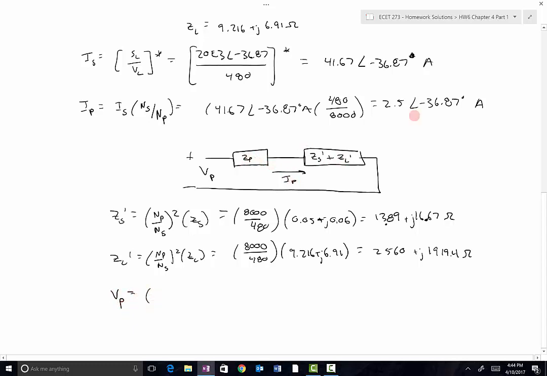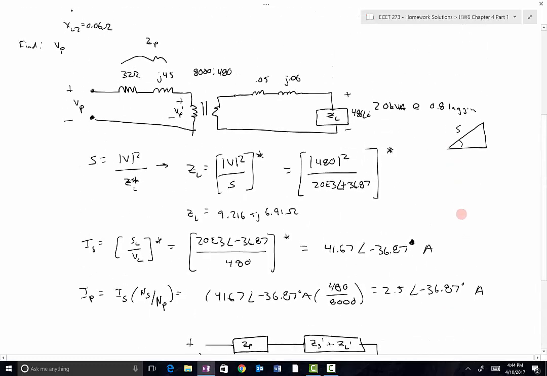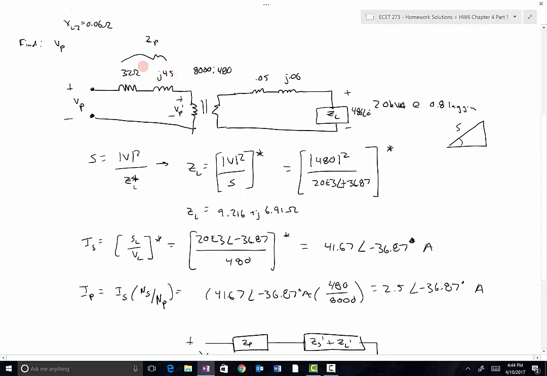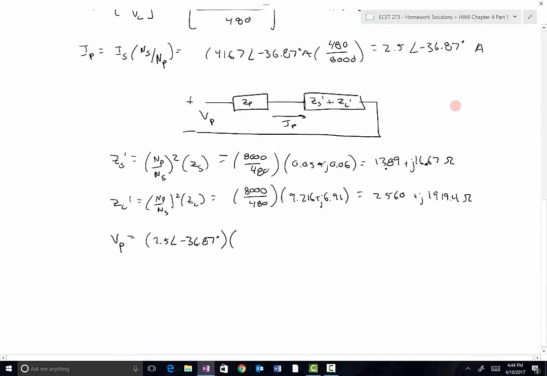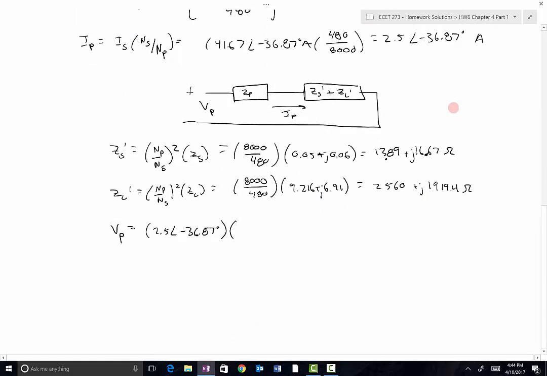Primary side voltage then is just the current times the sum of all these. So the current we calculated right here, 2.5 at an angle of negative 36.87 degrees amps times all of this added together. So the ZP comes from our circuit model. It's 32 plus J45 is the primary side impedance of the transformer.